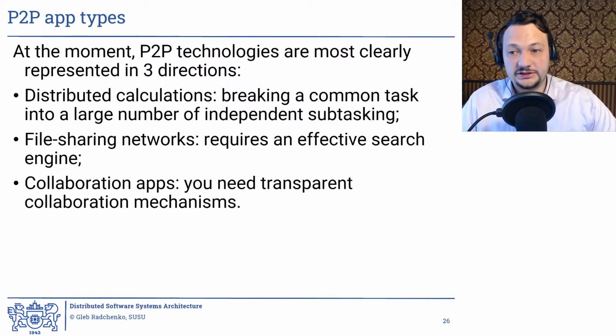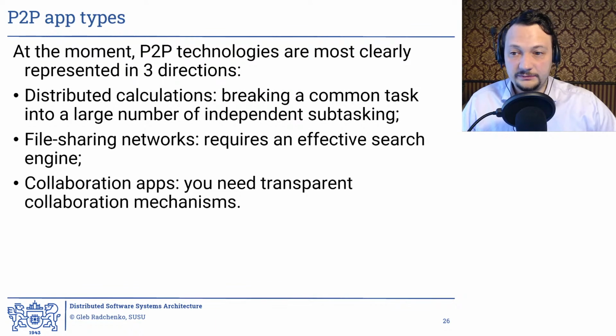The first approach is distributed calculations, or computation. You break one big task into a large number of independent subtasks and distribute these subtasks between your peers. That is how you can use the resources of others to help you calculate your own problem.